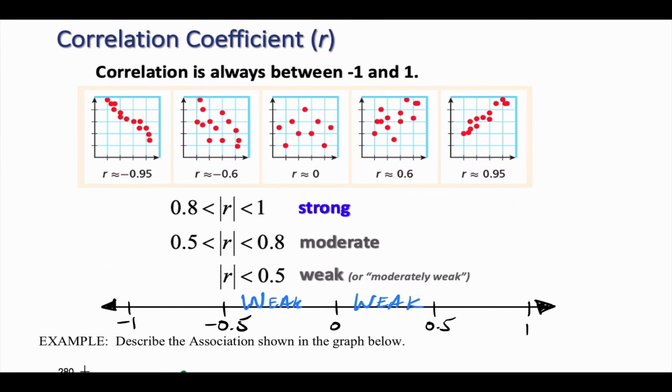Okay. From 0.5 to 0.8, so a little bit more, and -0.8, I would consider it moderate. And then the last one on the edges here, I would consider it strong.